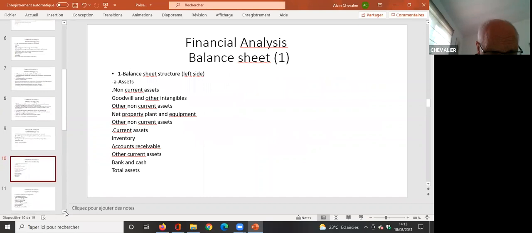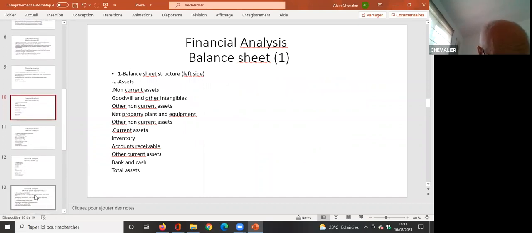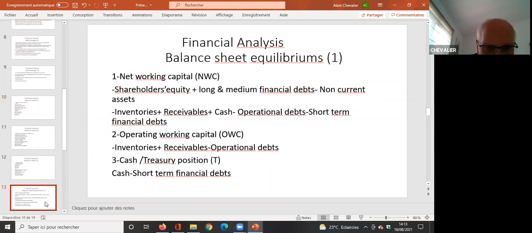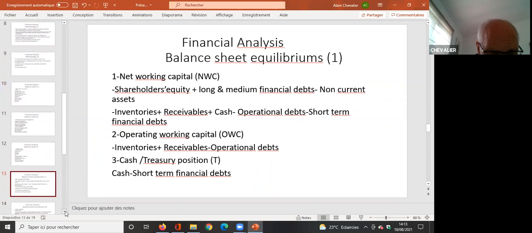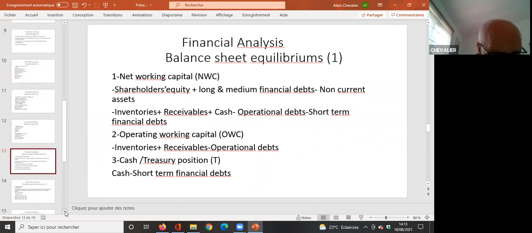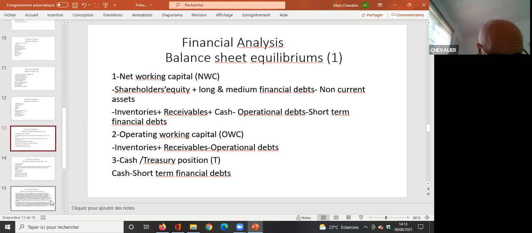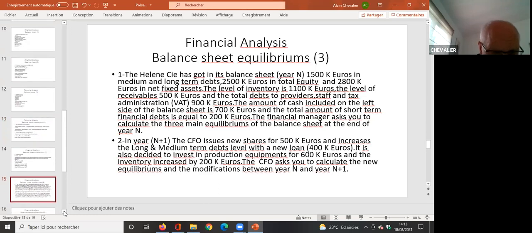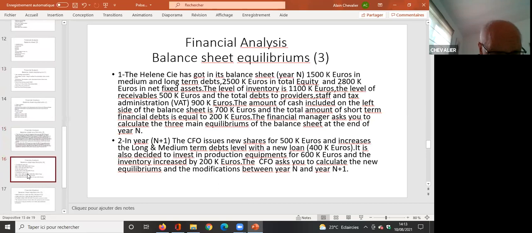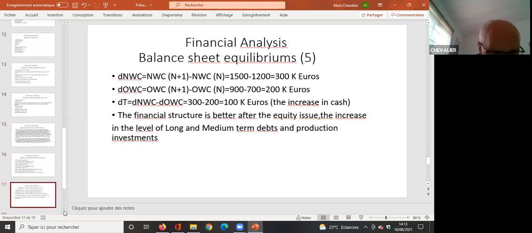We'll spend time on the balance sheet with several slides, and then on the main equilibriums of the balance sheet, slides 13 and 14. Then we have a small exercise to go through these equilibriums. The calculation here is still very simple.